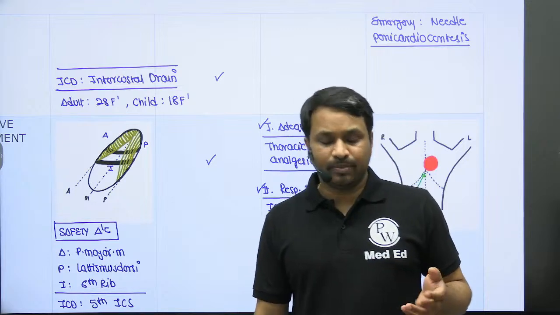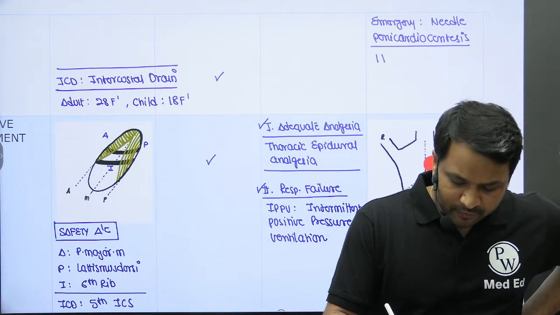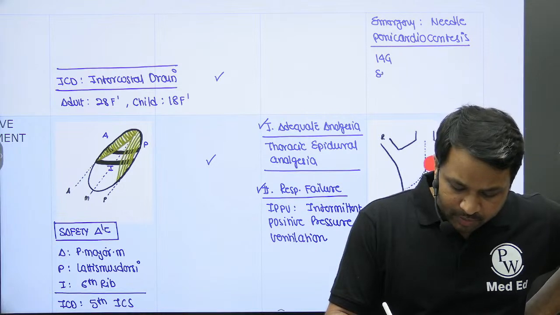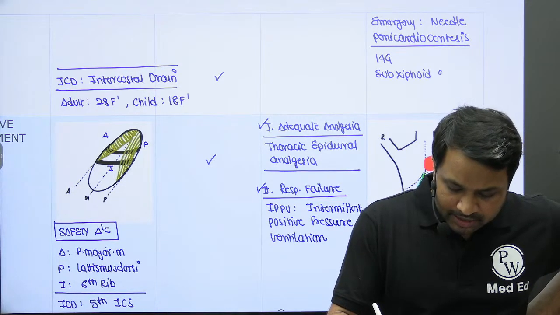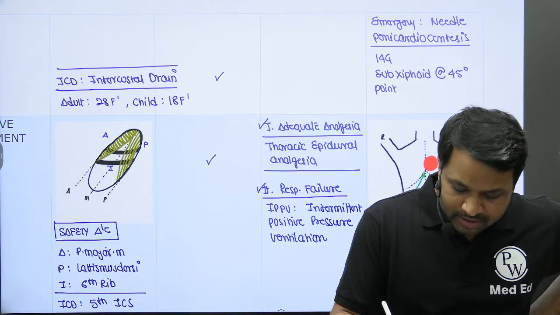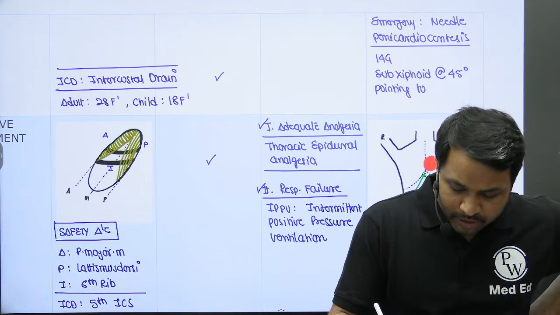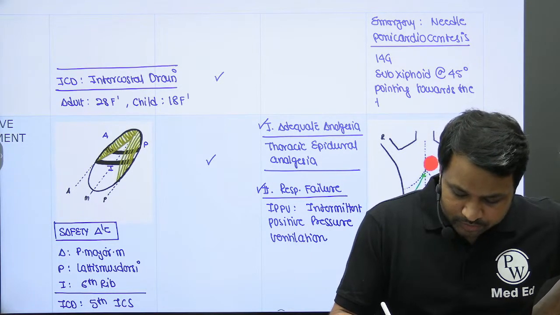So what is this needle pericardiocentesis? You're going to take a wide bore needle. Again, a preferred one will be a 14 gauge needle. I will put it in the subxiphoid region at an angle of 45 degrees, pointing towards the tip of the left shoulder.